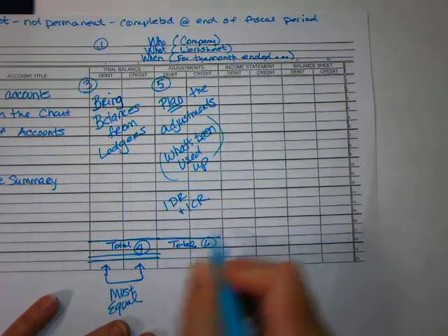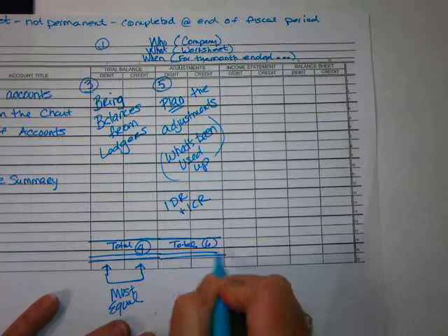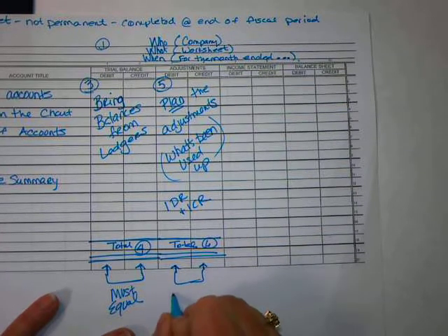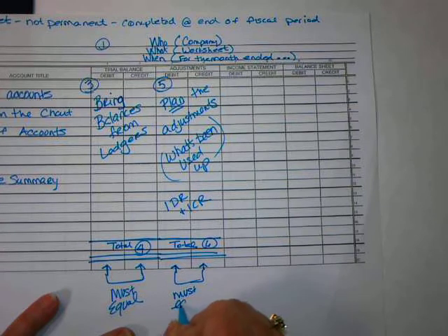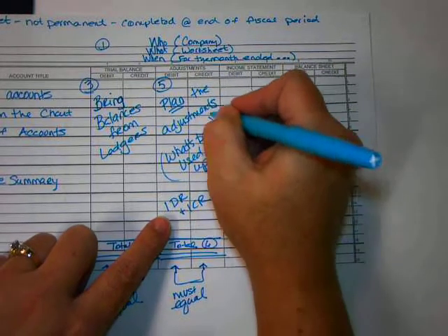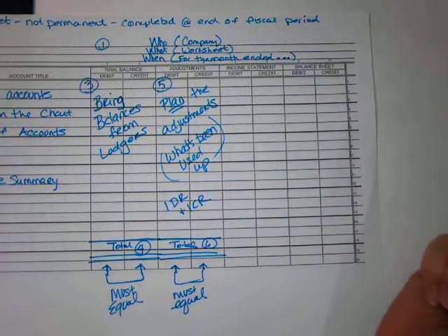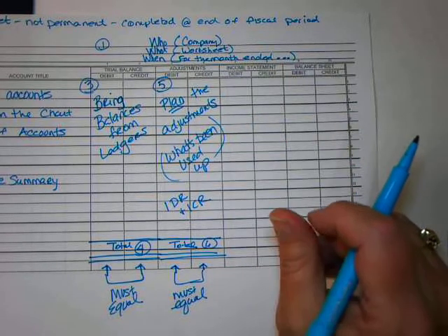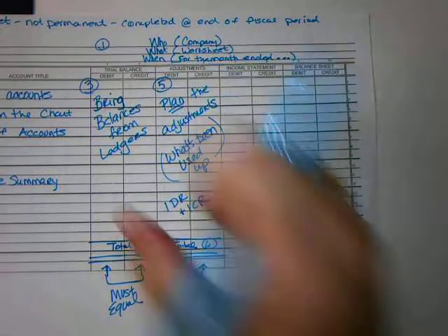This is number 6, and they must equal. Because we're going to make sure that we put in one debit and one credit. And I'll explain more of that on Monday. That's probably the most confusing part of this whole process, these two columns right here.